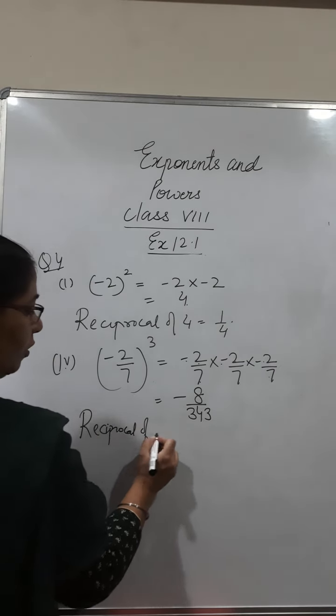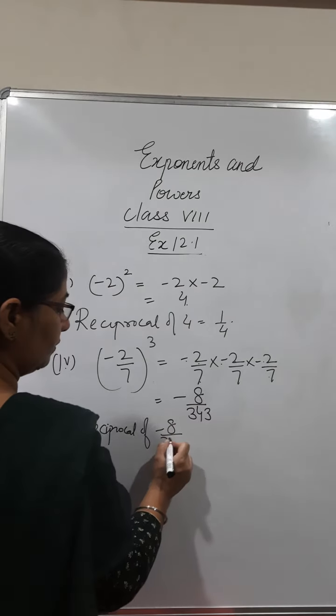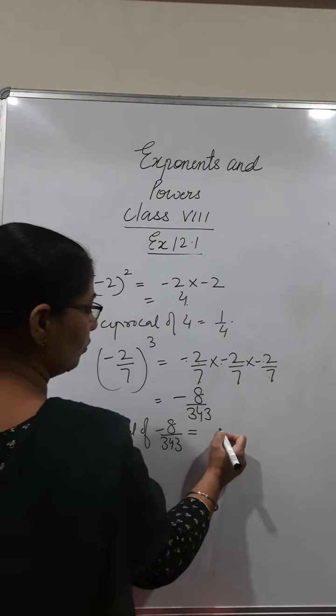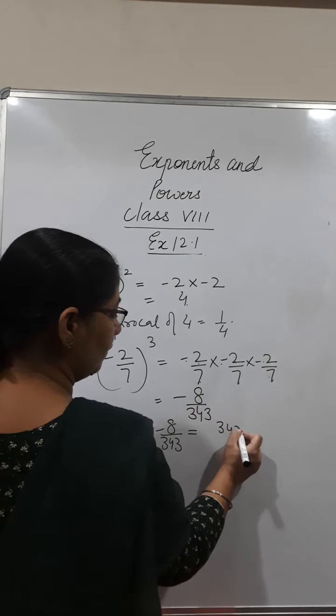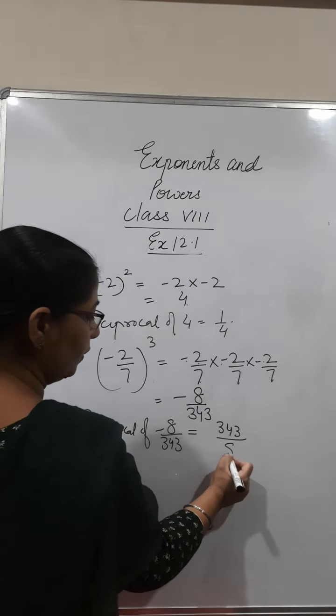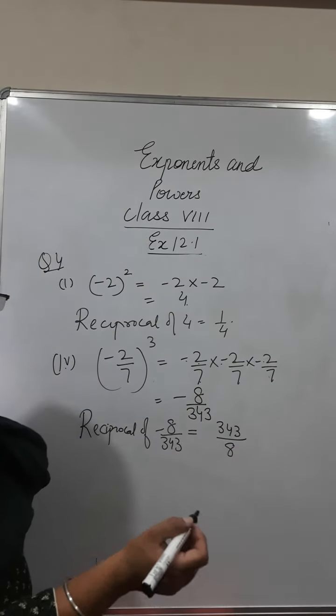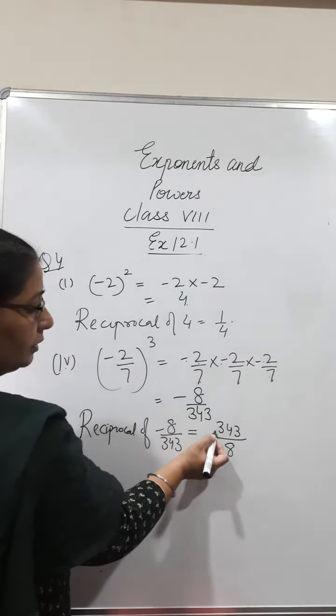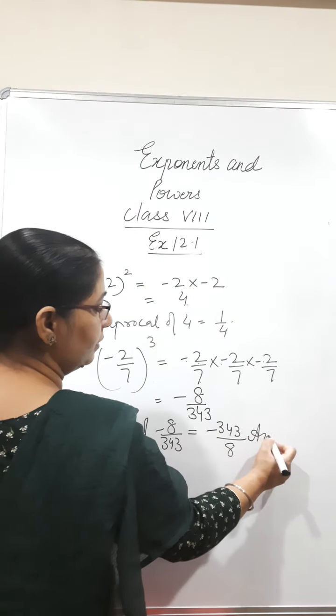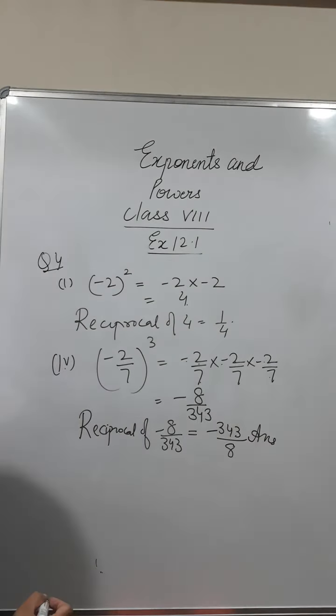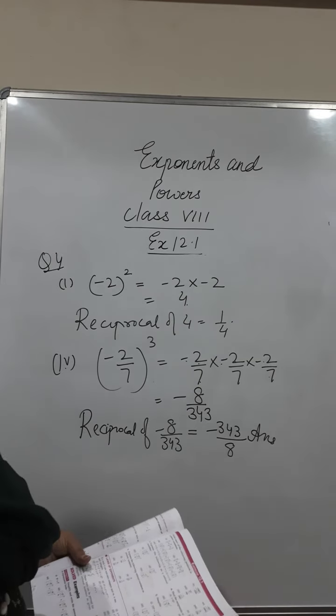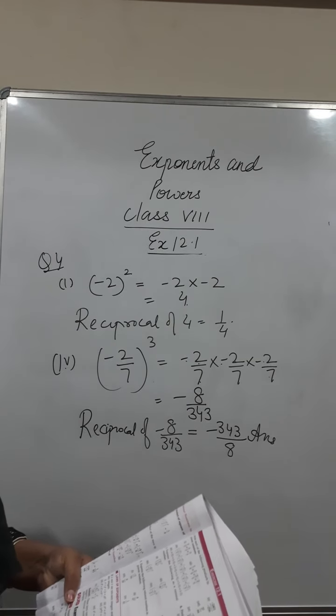So the reciprocal of minus 8 by 343 is equal to 343 in the numerator and 8 in the denominator, but you know in the standard form you never put negative in the denominator, so you will write the negative sign in the numerator only, and your answer will become minus 343 by 8.